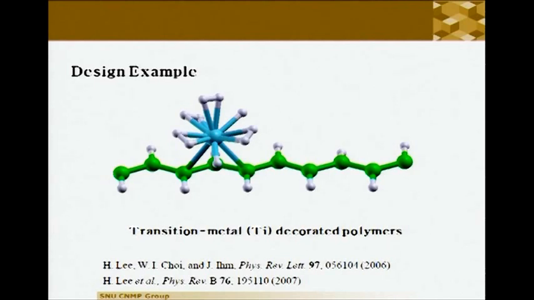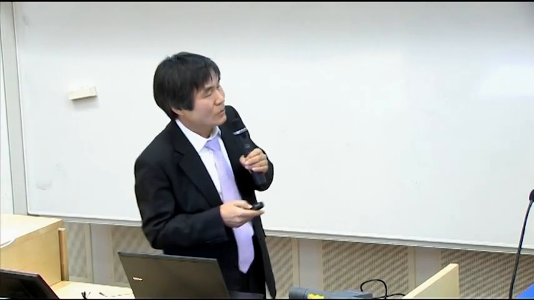We tried to put transition metal atoms like titanium, and then it turned out after it attaches, well, 3 hydrogen in an atomic form. After that, hydrogen molecules can be attached around here via so-called Kubas interactions.